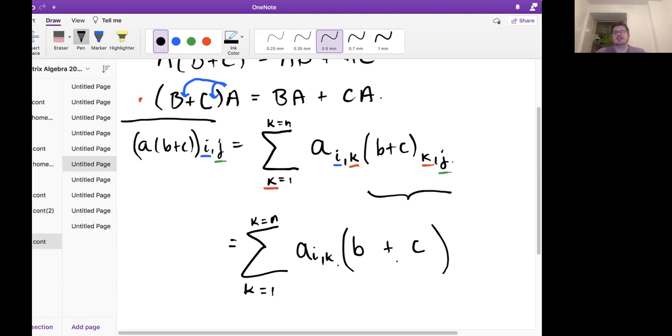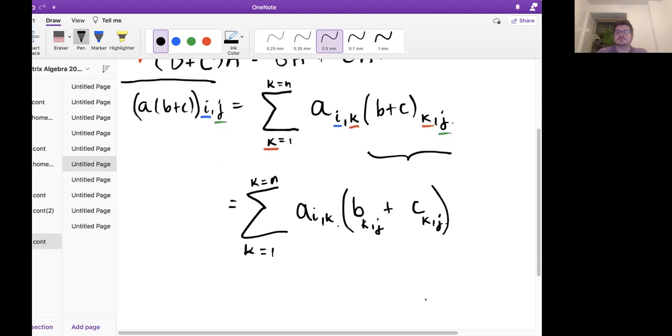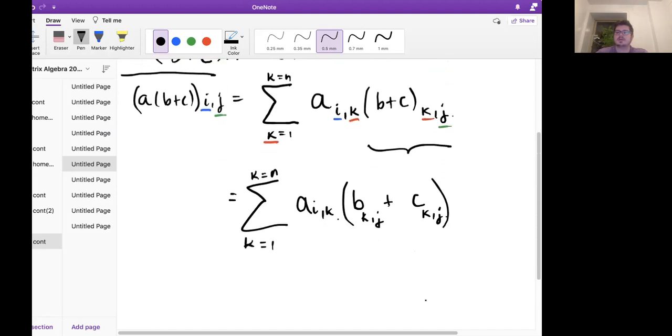It's not another big sum. The big sums come from the product. So here I'm just adding. When you sum two matrices, all you're doing is summing the respective coordinates. So if I look at the kjth entry of the sum, I look at the kjth entry in each matrix and sum them up.